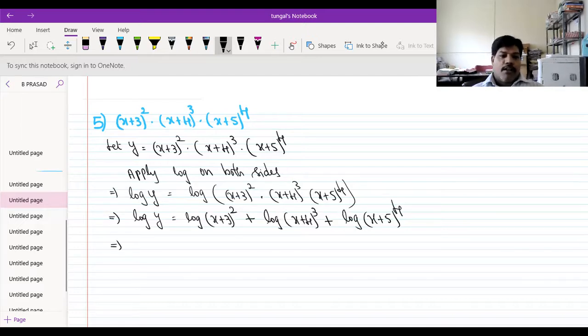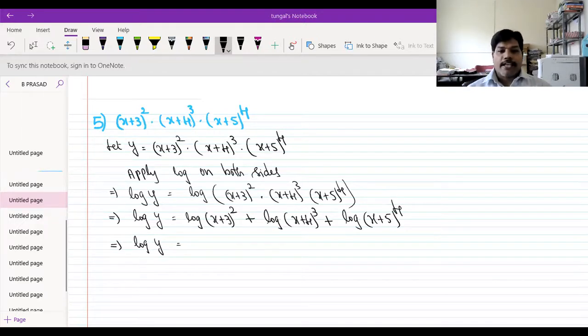So that implies log y is equal to, already you know that log x power n can be written as n log x.